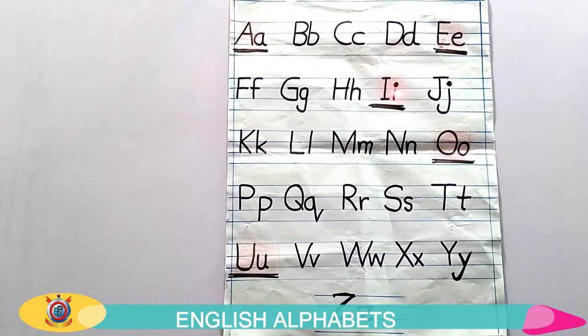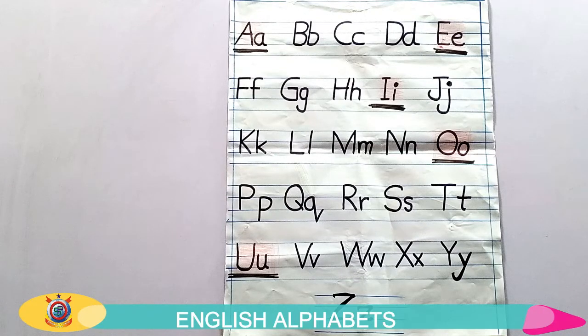A, E, I, O, U. और कॉन्सोनेंट्स कितने हैं? वो हैं 21 कॉन्सोनेंट्स. और वो कौन से हैं? B, C, D, F, G, H, J, K, L, M, N, P, Q, R, S, T, V, W, X, Y, Z.